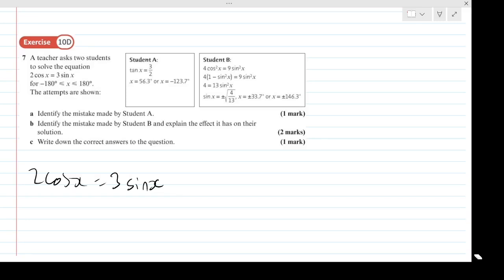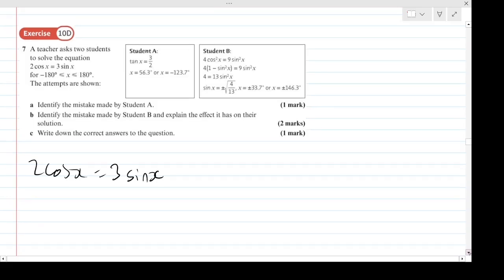We are between minus 180 and positive 180, so we do need to keep that in mind. We're told the attempts are shown below. Part C says write down the correct answers to the question, so we're going to need to solve it anyway. Let's try and solve it first, and then we'll see what each student's done differently and where they've gone wrong.